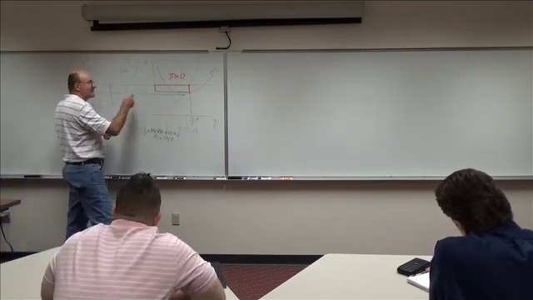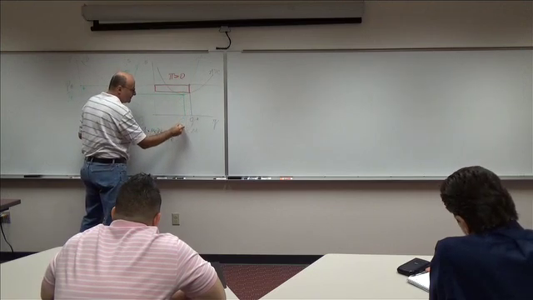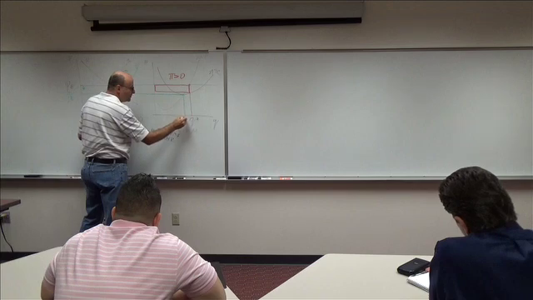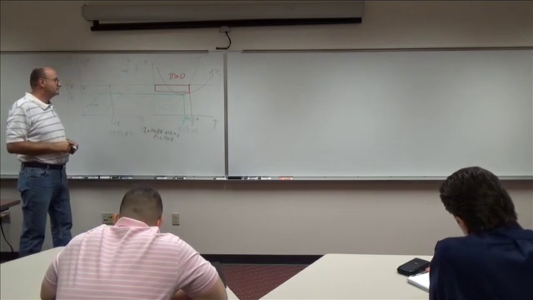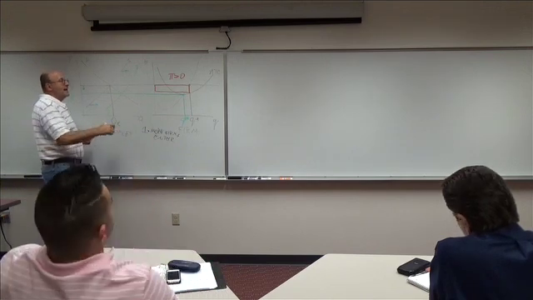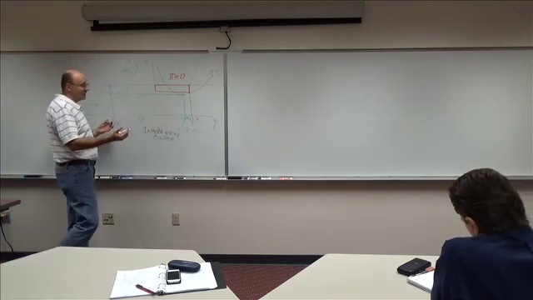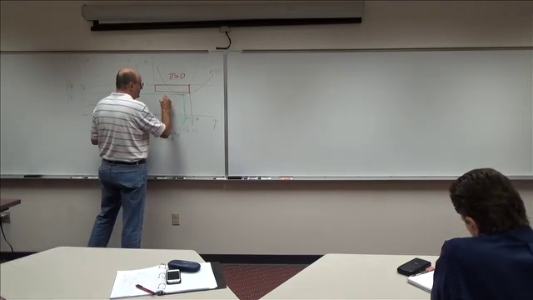Quantity where price is equal to marginal cost, which is this quantity. Let's call it Q star star. And how much profit is the firm now making? None. Meaning zero economic profit, right?